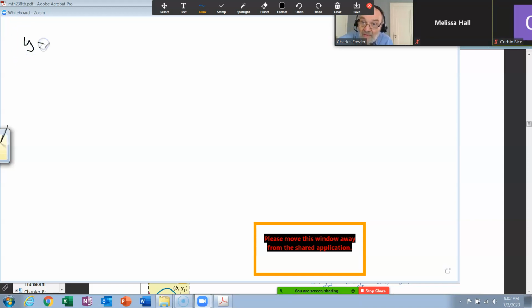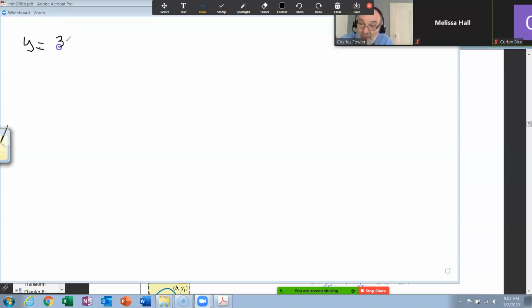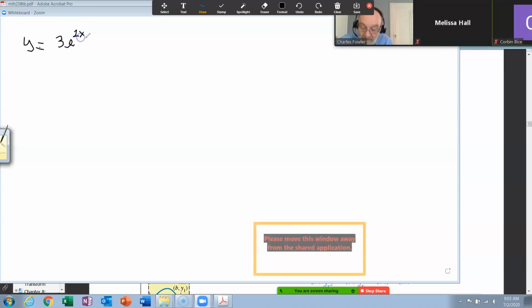Y is equal to 3e to the 2x plus e to the minus 2x minus 3x. They say verify that that is indeed a solution to this differential equation.